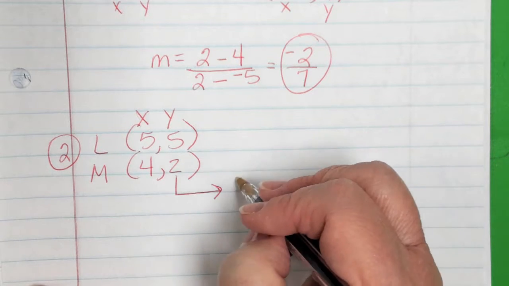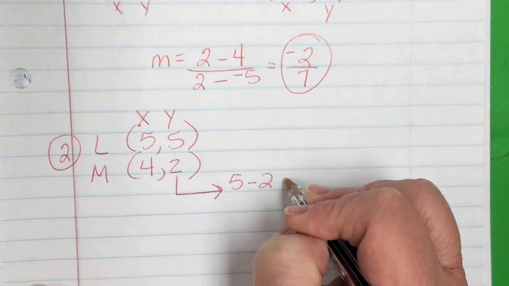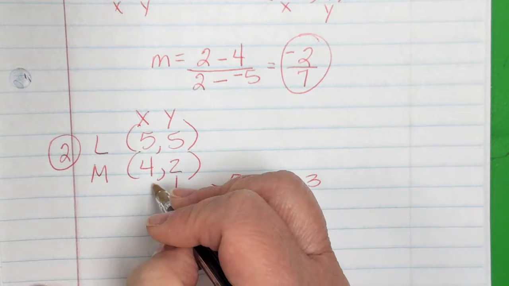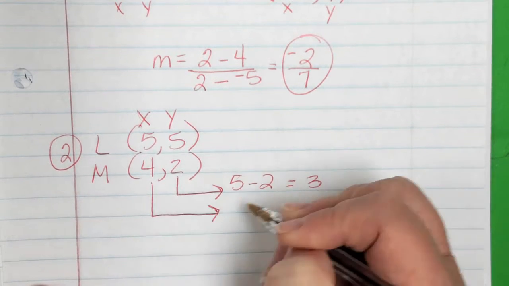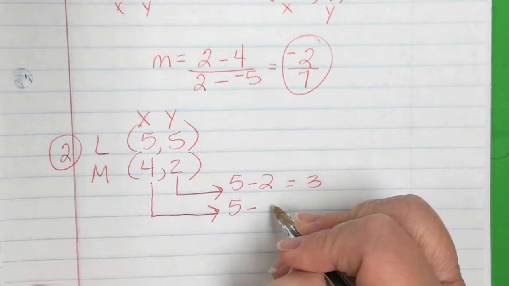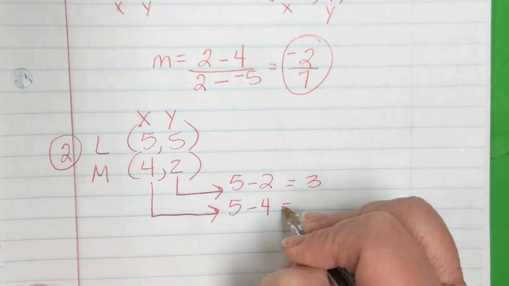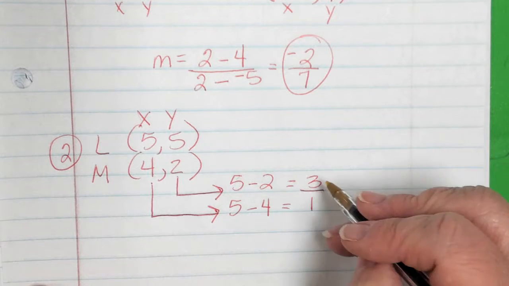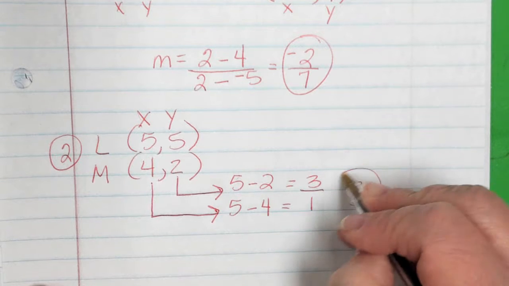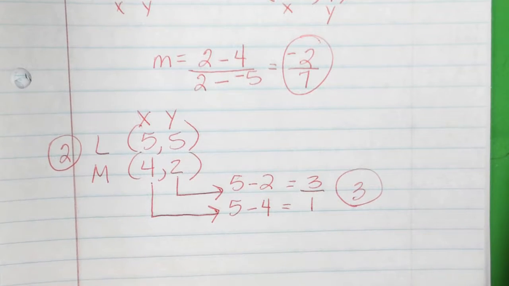Y minus Y, so it's 5 minus 2 equals 3. X minus X, 5 minus 4 equals 1. And that can be simplified to 3.